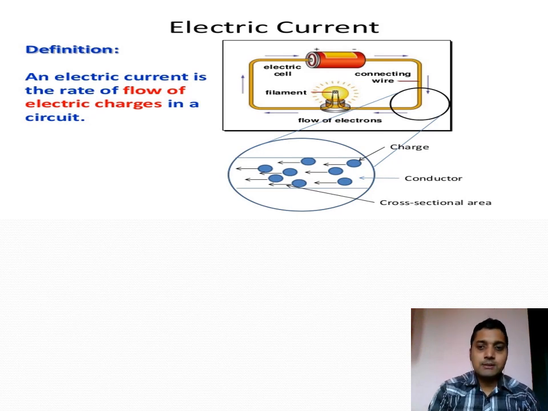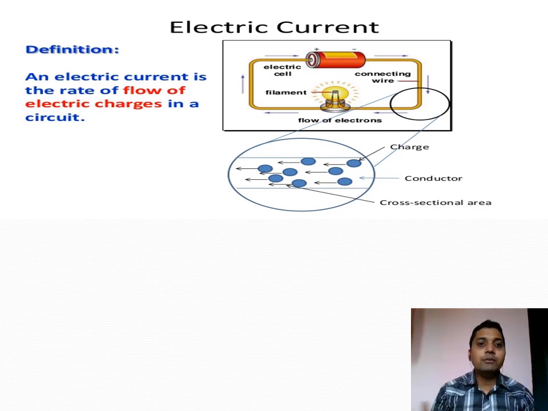The negative charge is the electron, and we take the direction of flow of current as the reverse of the direction of electron flow. Simply, the opposite of the direction of electron flow is the direction of flow of current.